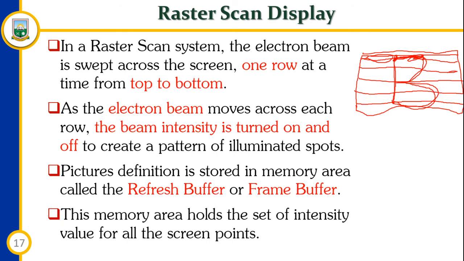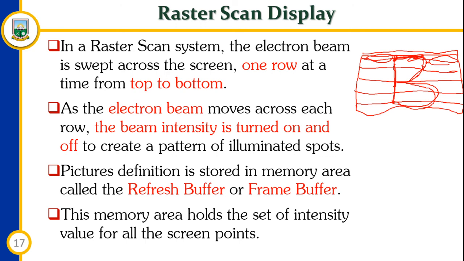Coming back again, when it's going to draw this next row, the moment it gets to this particular point, the intensity is on, just like that. So all these intensities will be off, and all these intensities will be on to help display the character that you want to draw.